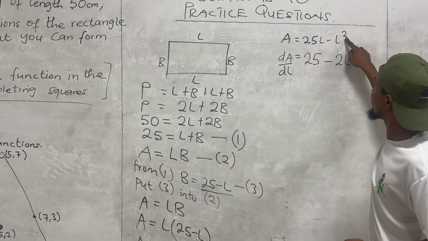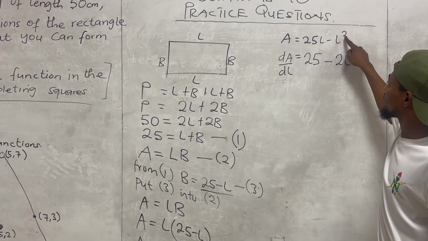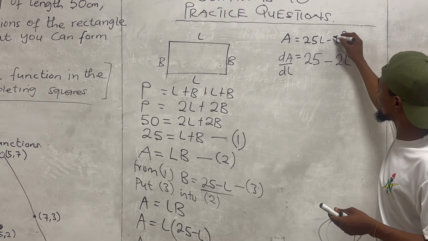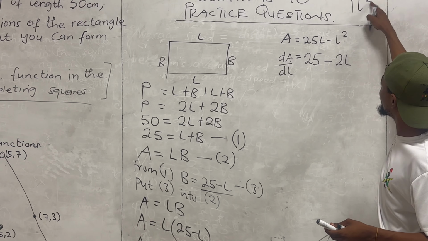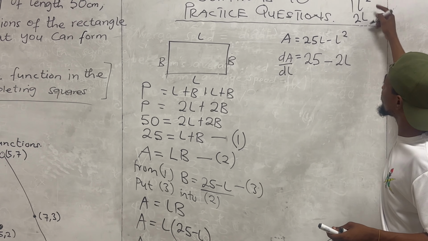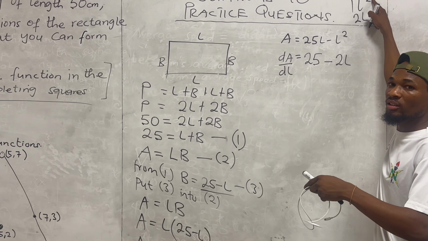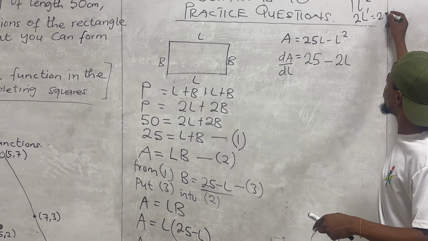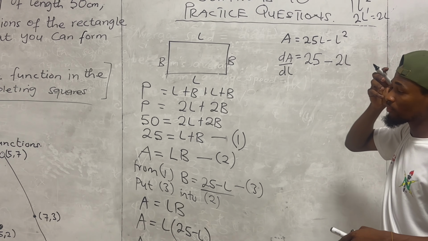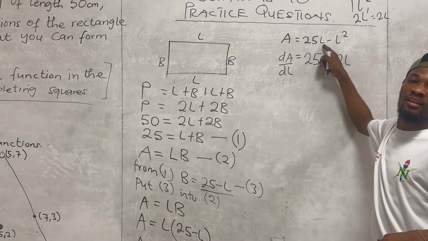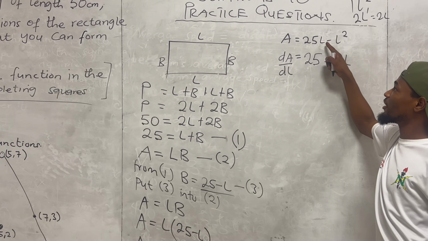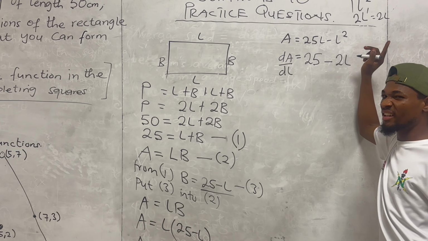The exponent comes down, so 1 times 2 is 2, then I have my L, then you subtract 1 from the exponent, so you get 1. That's the reason I have 2L over here. When you differentiate numbers and variables, the variable will go, leaving the number alone.